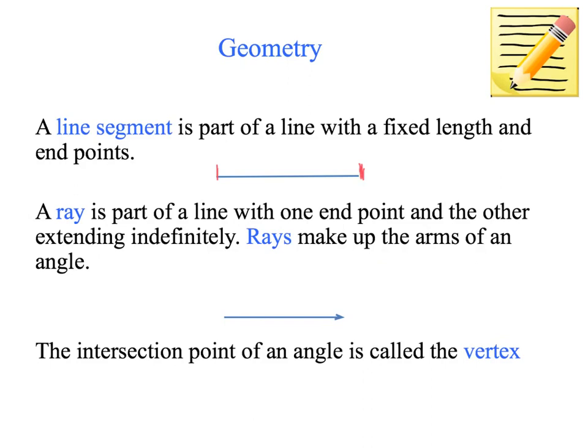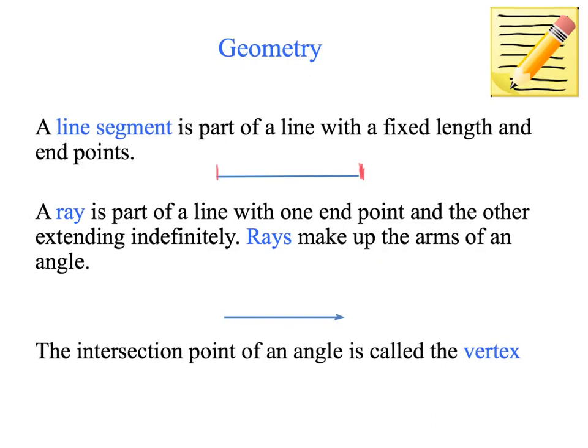Rays are actually very important because they make up the arms of an angle. You see them all the time, you just maybe didn't realise. The intersection point of an angle is called the vertex.